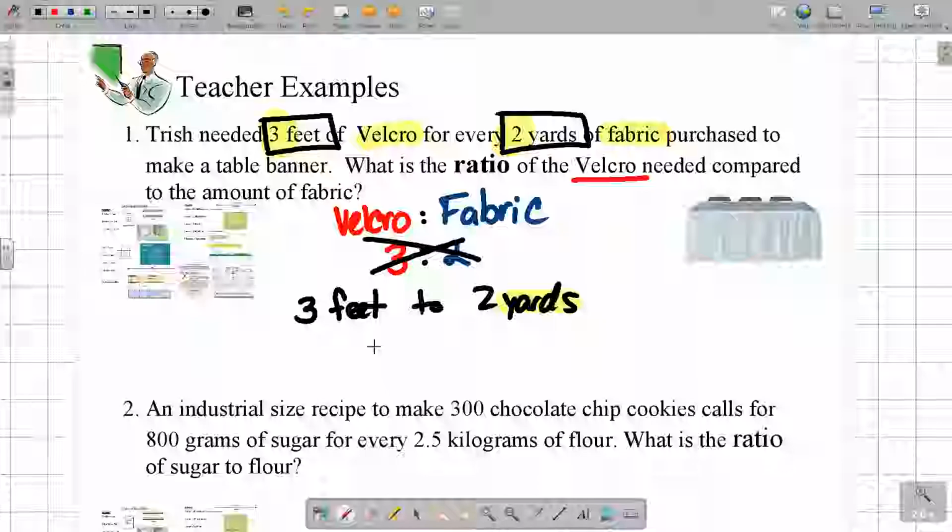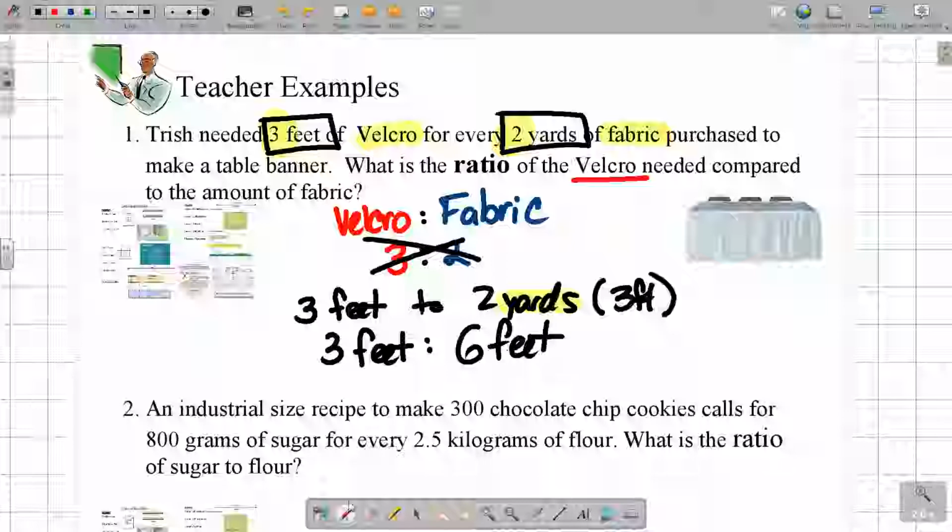So that means 2 yards with 3 feet each yard is going to be now 3 feet of Velcro to every 6 feet of fabric. So my actual ratio of Velcro to fabric is not 3 to 2. It is 1 to 2. Ratios must be in the same unit.